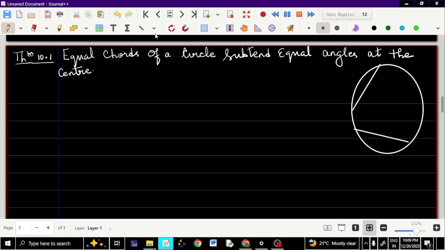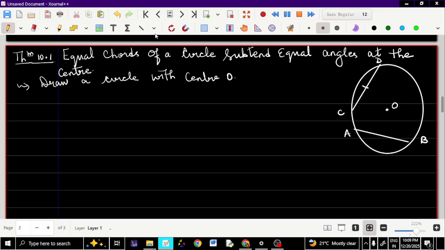So, I will take a circle whose center, let's say, is O. So, what I'll do here is I'll draw a circle with center O. And then I will draw two chords, let's say AB and CD, which are equal.